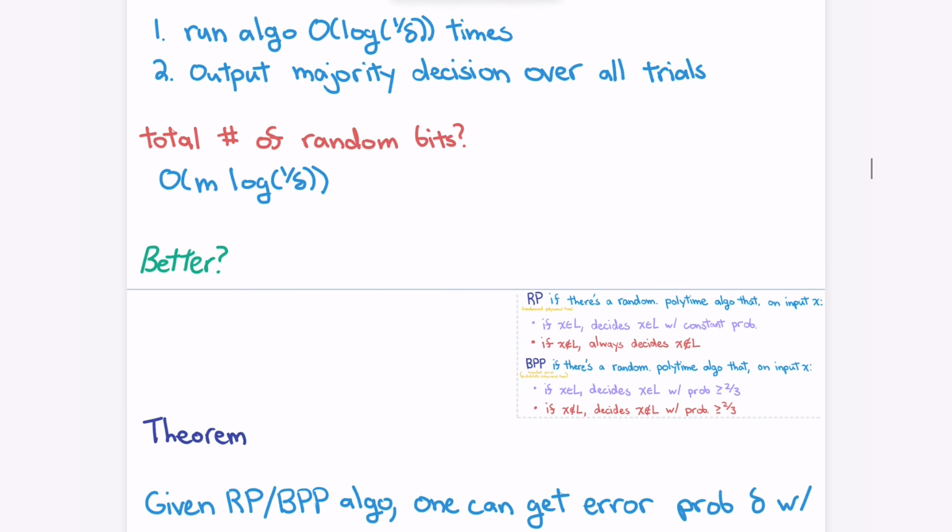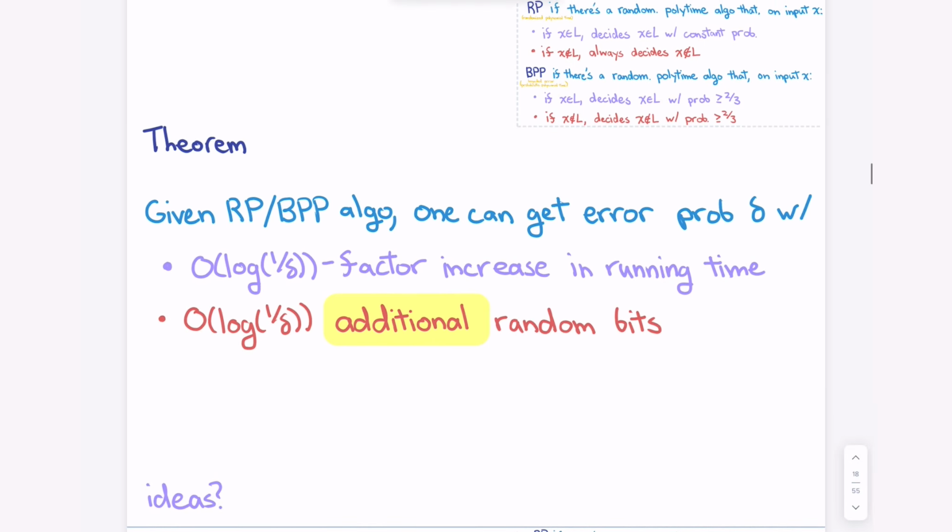All right, so this is what we'll show. Given an algorithm with constant error probability, whether it's double-sided or one-sided, we can get error probability delta while increasing the running time by a log 1 over delta factor.